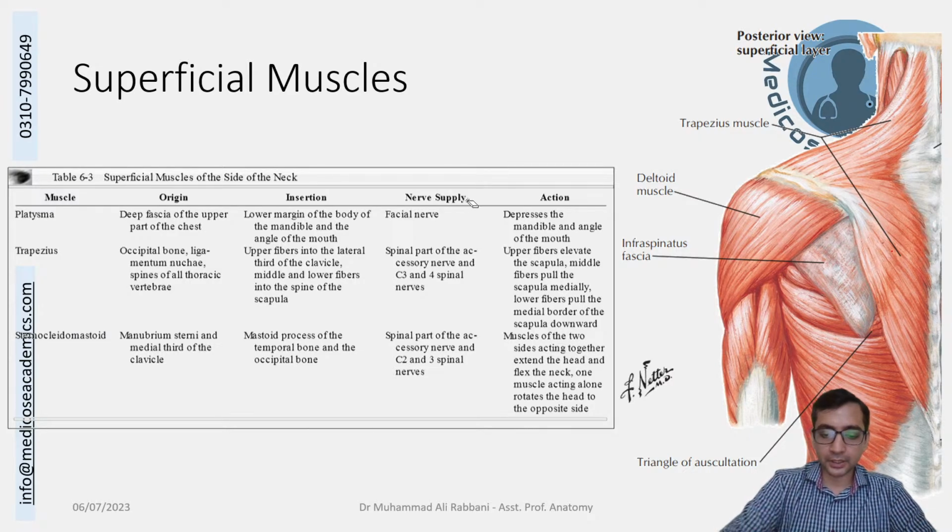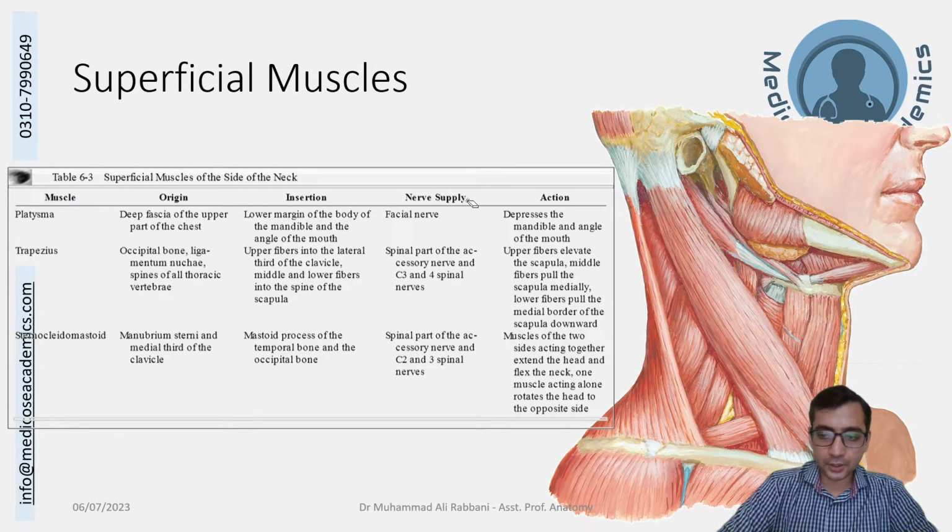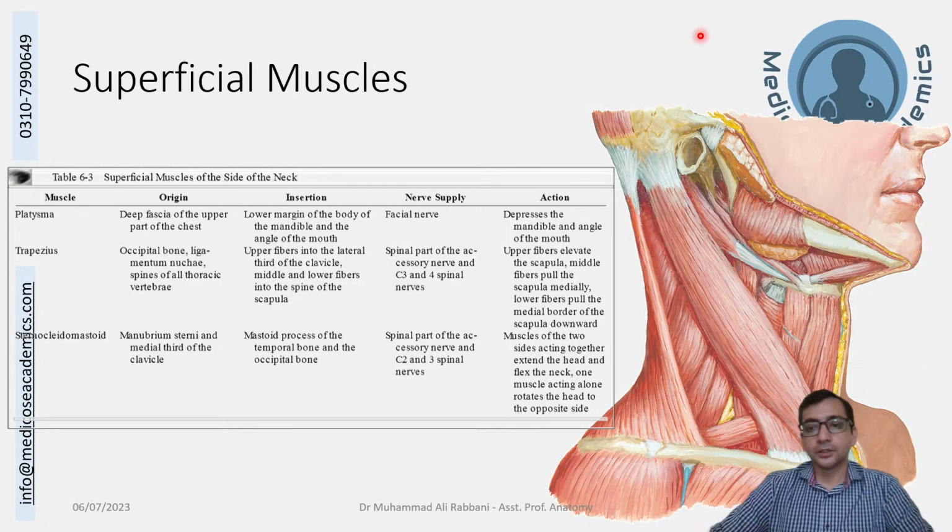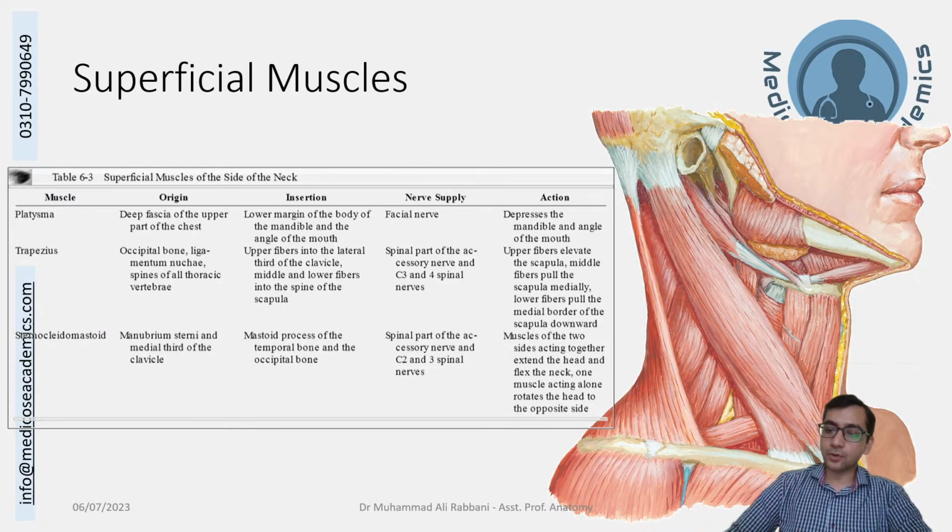Let's move on to the sternocleidomastoid. The origin and insertion are written in the name. It originates from sternum and clavicle and inserts into the mastoid. So it has two heads. The rounded medial head originates from the manubrium sterni.